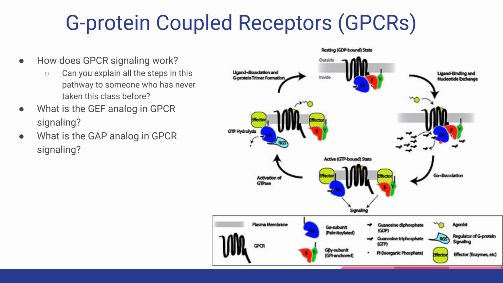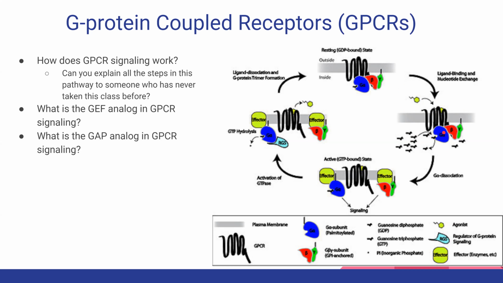It has the enzymatic activity, so it's going to be bound in the inactive state to GDP. But when a signal ligand comes in, it's going to cause a change in structure, and that'll cause the GDP to dissociate. Just because there's a lot more GTP in the cell, it's going to increase the affinity for GTP to come in.